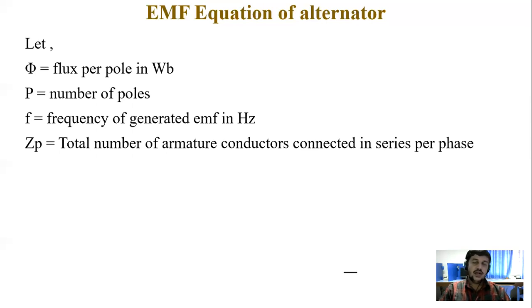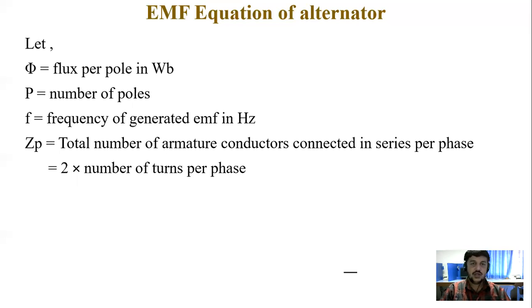So if the armature winding consists of Nph number of turns per phase, then we can calculate the total number of armature conductors per phase as 2 into the number of turns per phase, because in one single turn of armature winding there are two armature conductors present.